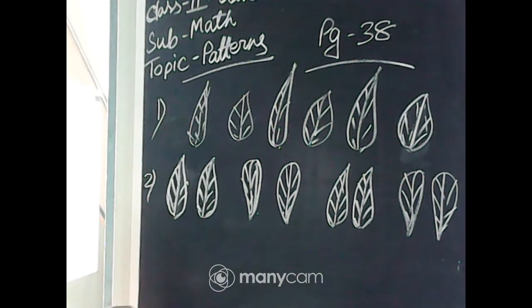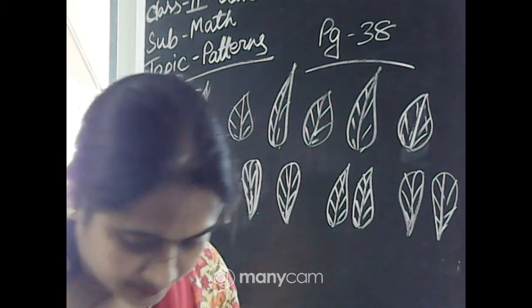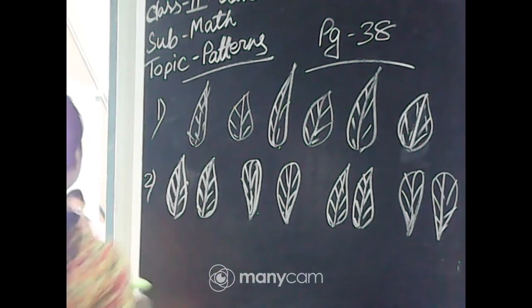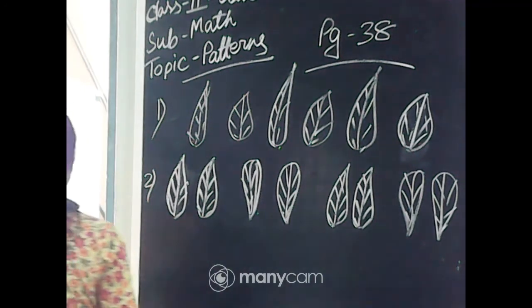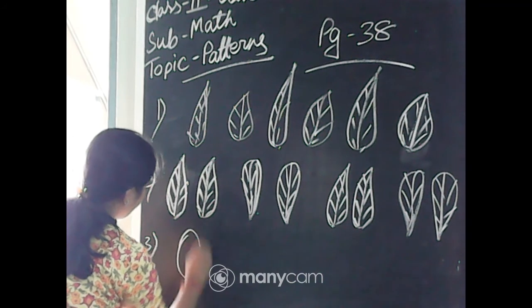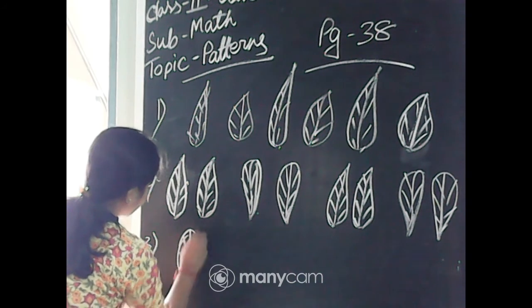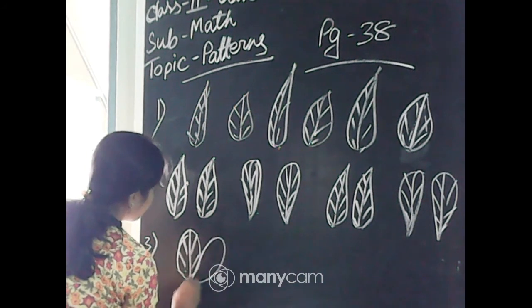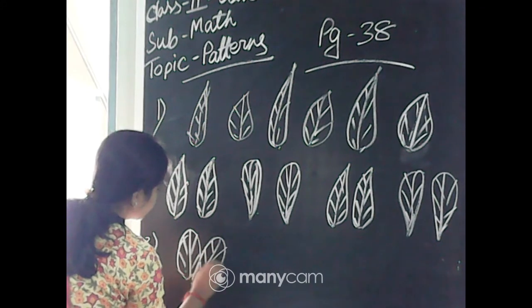Please, I want to see the chat. Chat has not come. Number 3. In this way, this is the guava leaf. This is some round type shape. Okay. This is the guava leaf. Two guava leaves in this manner.